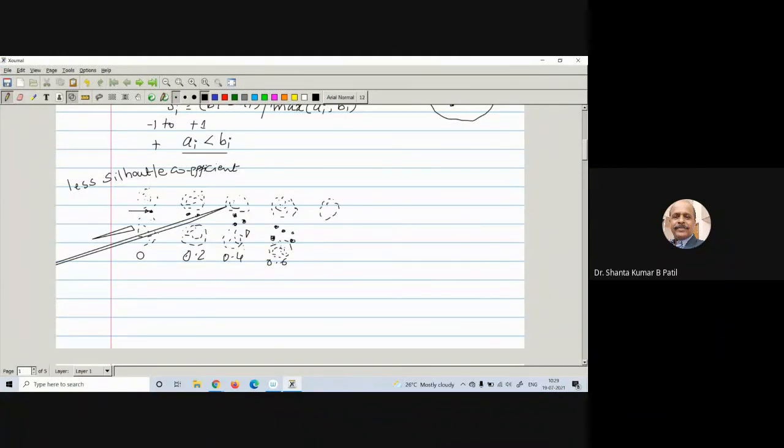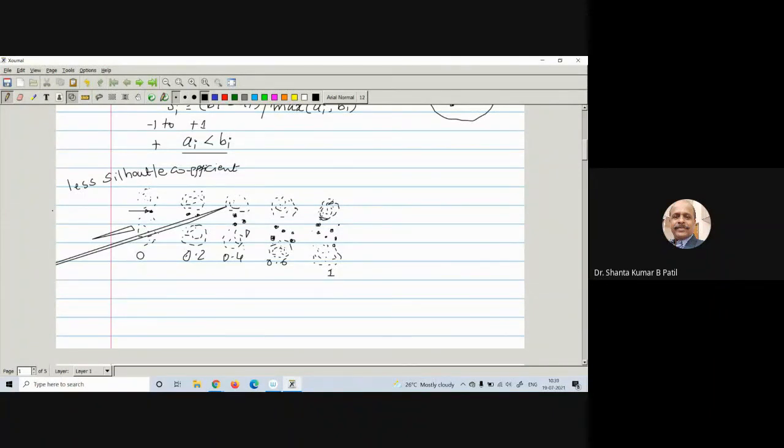If they are more and more, and they are contributing very little, the Silhouette coefficient is definitely going to increase to near 1. This is how you can find out the Silhouette coefficient.